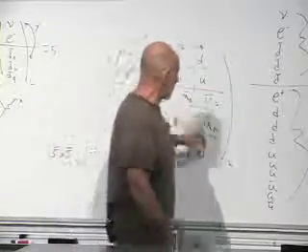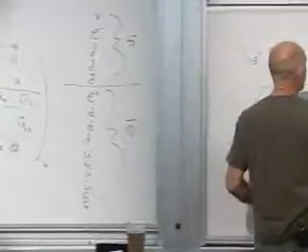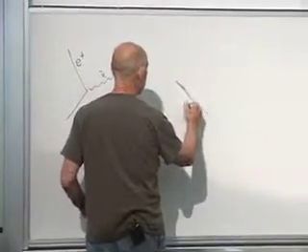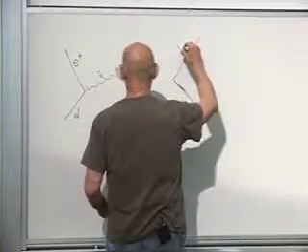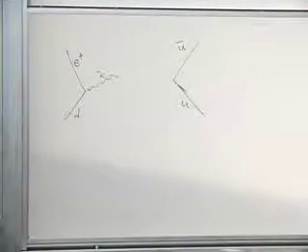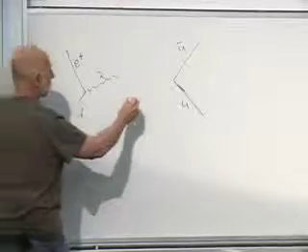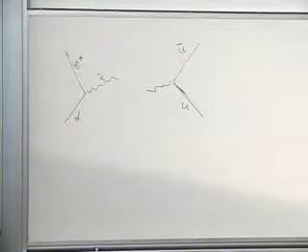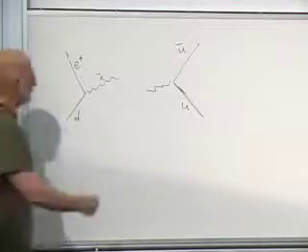Here's another process it can do. It can take up to anti-up with an X boson over here, but now is this an X boson or an anti-X boson coming in? Oh, it's an anti-X boson coming in.